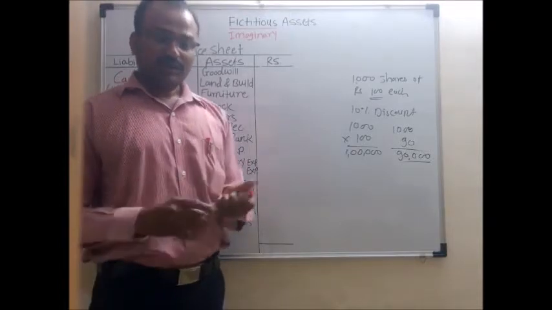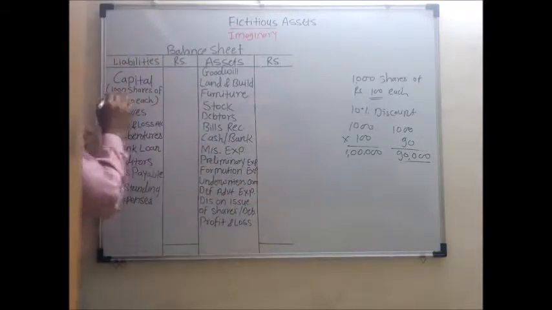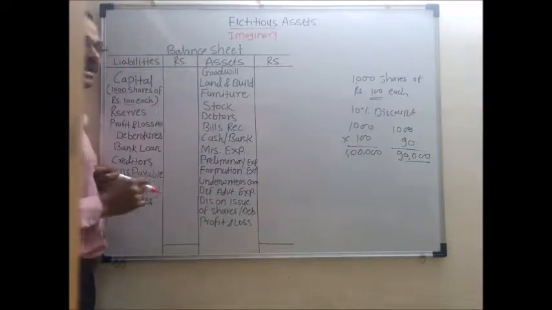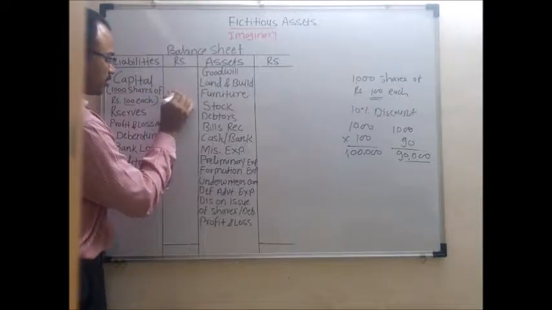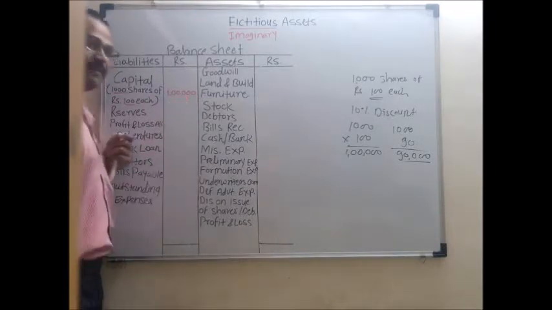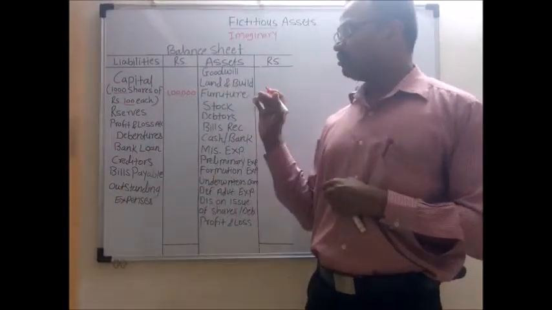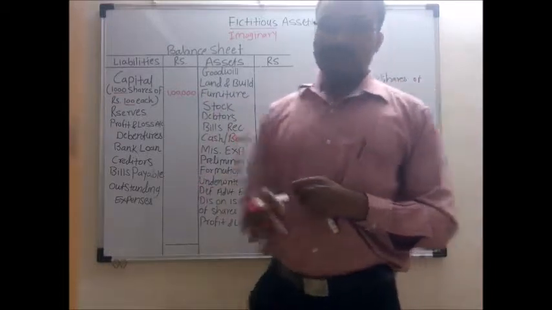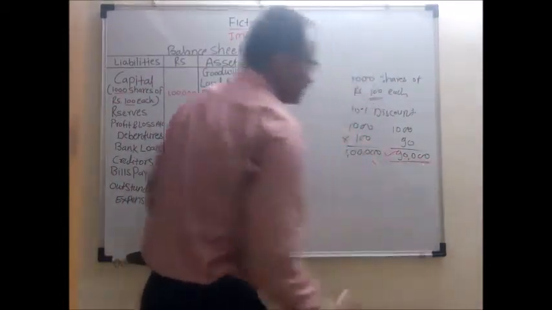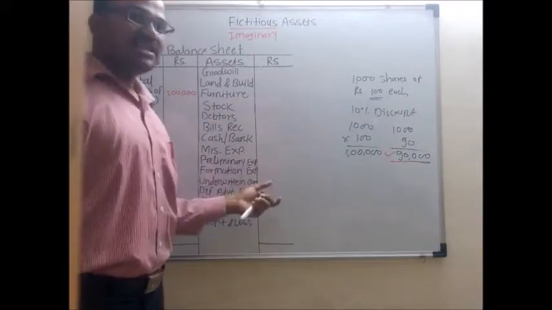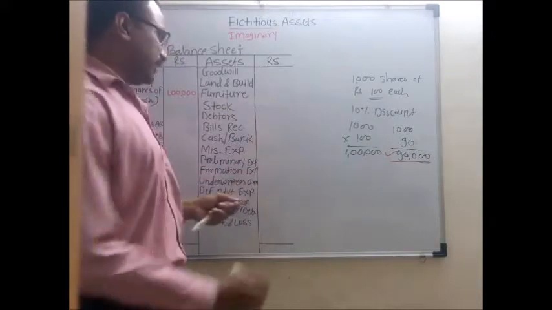I can show this information like this: as I have issued 1000 shares of rupees 100 each, the share capital of my company is 1 lakh, because share capital has to be shown at the face value of the shares. But actually I have received rupees 90,000 because I sold my shares at the discounted price.